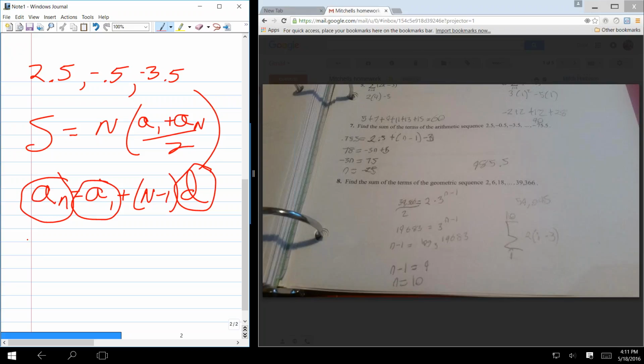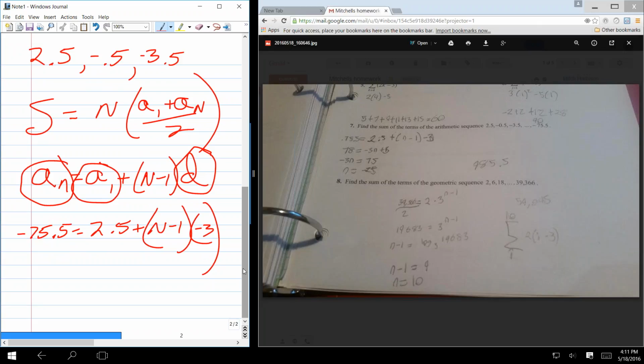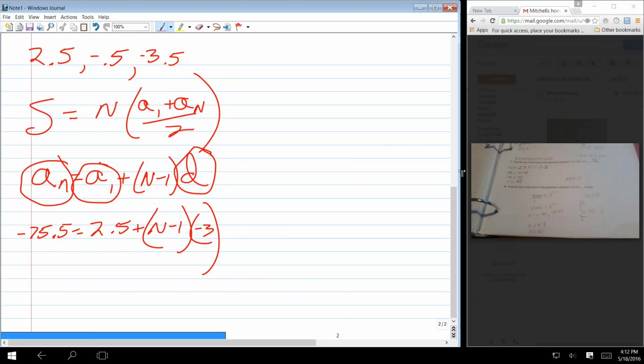So, a sub n, fill in everything for me. What's a sub n? Negative 75.5. And that's equal to? 2.5. And then n minus 1. And then negative 3. So now we have to solve that algebra problem for n. Well, how do I do that? Would you transfer the 2.5 to the other side?